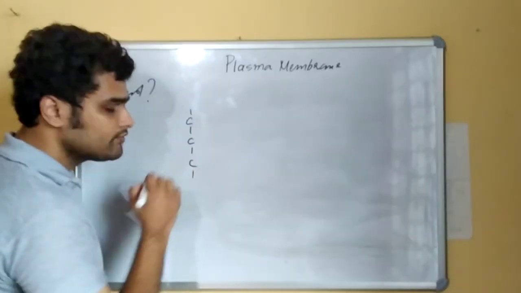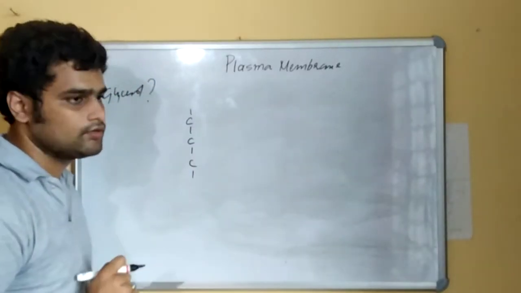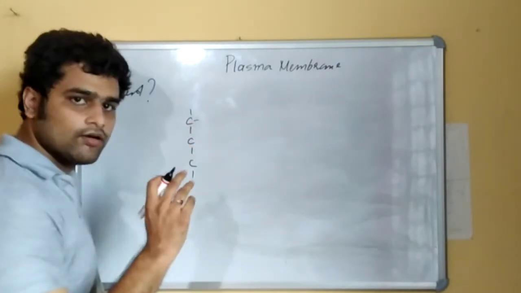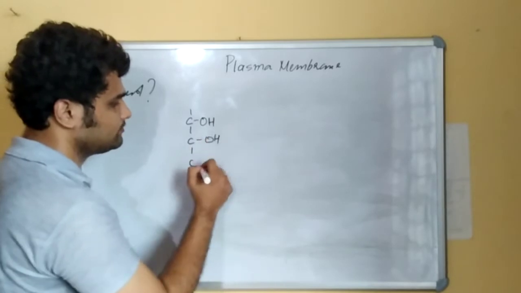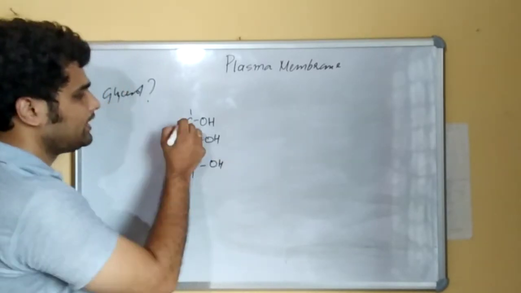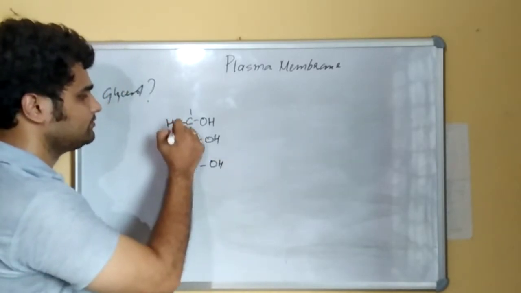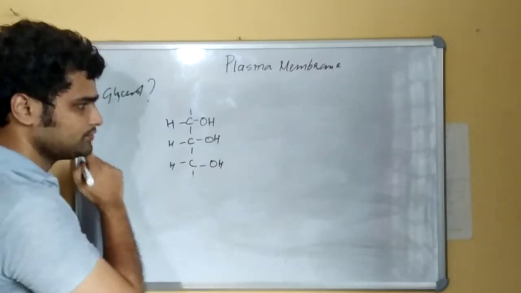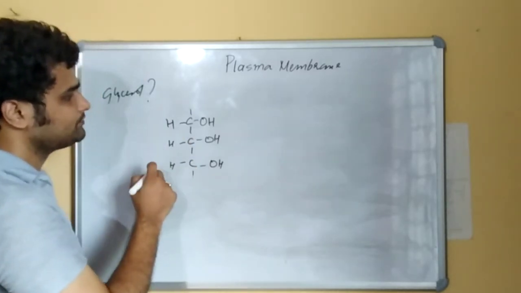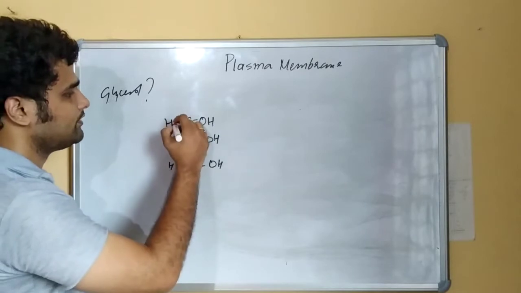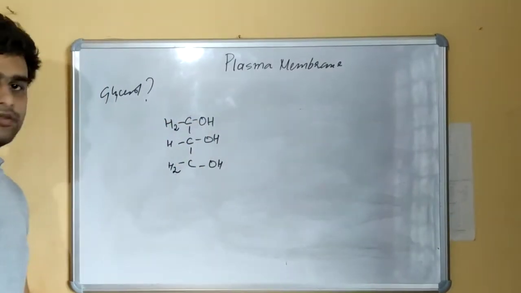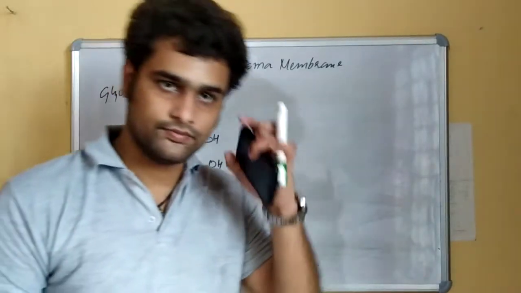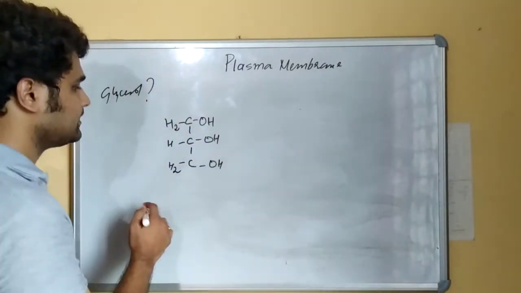There are 3 carbons associated with glycerol, and on one side of each carbon there is an OH group this way, and on the other side you have H. So this will have CH2, CH2, just balancing out the tetravalence. That's all. So this is basically glycerol.